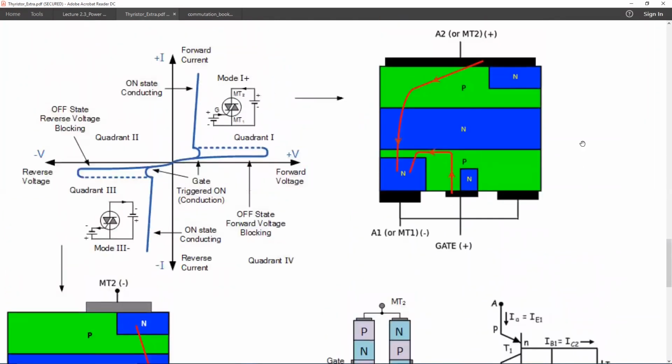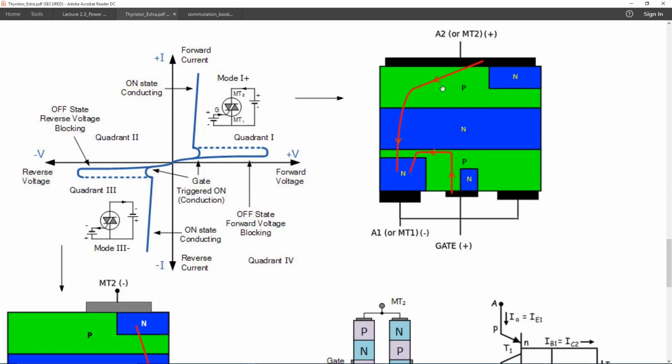So how do we relate this PNPN structure to this main structure? In this case, this voltage is positive and this voltage is negative. So the PNPN structure is this, and this N-type material and this N-type material will do nothing in quadrant 1. So this is the basic operation of a quadrant 1 triac.